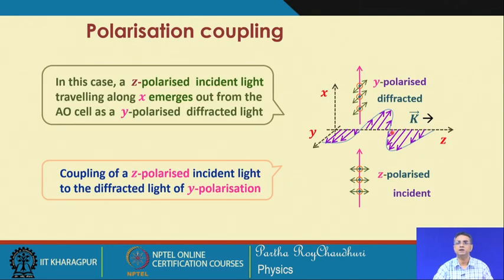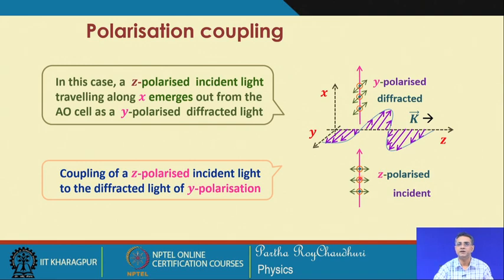This is pictorially shown here. You have the acoustic wave travelling along the z direction and the incident optical beam is Z polarized, but when it is diffracted out as a plus order or minus order optical beam, then we see that the polarization has become Y polarized.